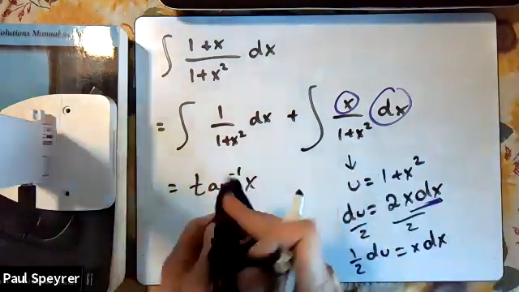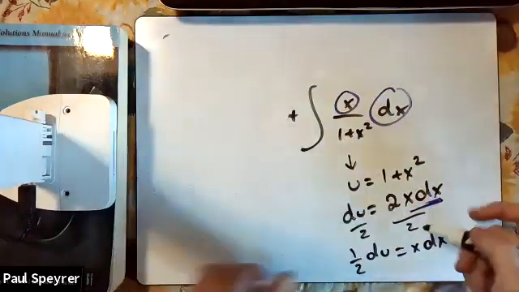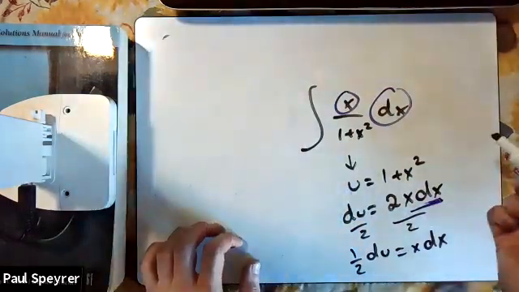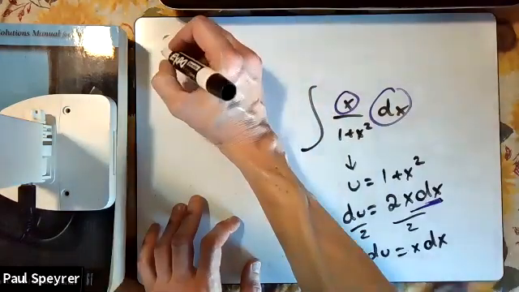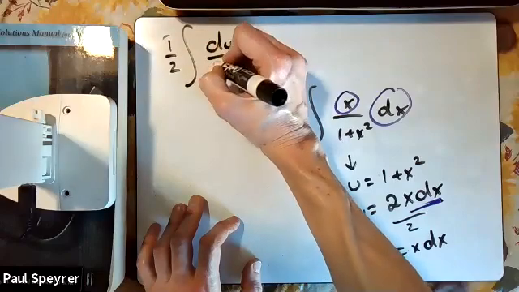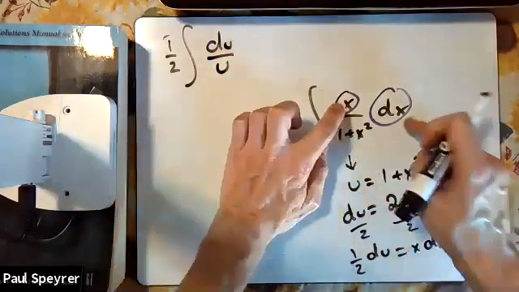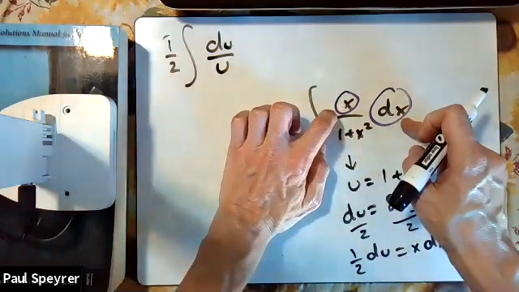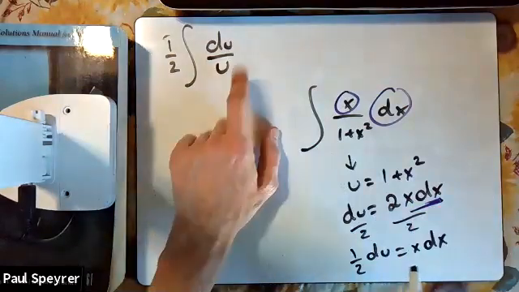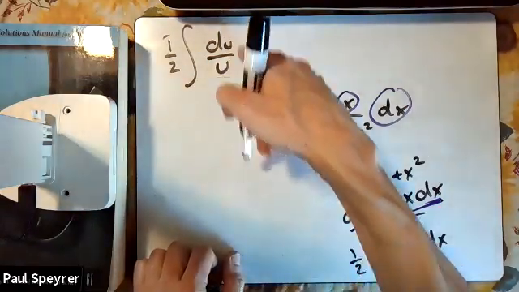So don't forget this right here. I'm just going to erase it because I need the space. So now if we write this in terms of u, what does it look like? It just looks like 1/2 and the integral of du over u. Remember the 1/2 du, what is that equal to? The x dx component. That u in the denominator, where's that come from? It's because we let u be 1 plus x squared. And then what's the antiderivative of du over u?